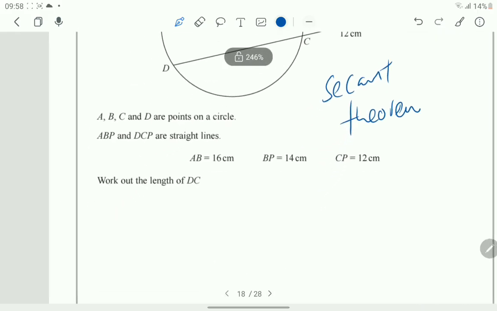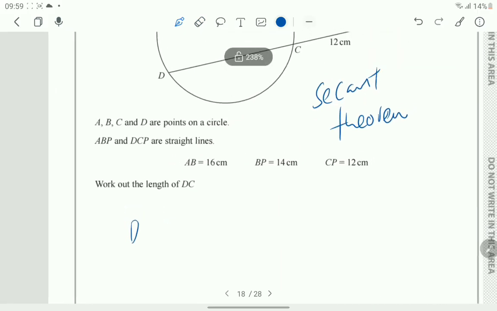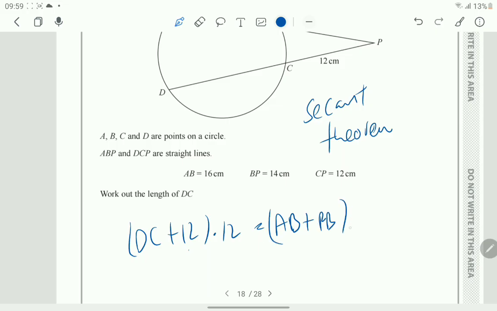So the product of DC plus 12 times 12 should be equal to AB plus PB times PB.